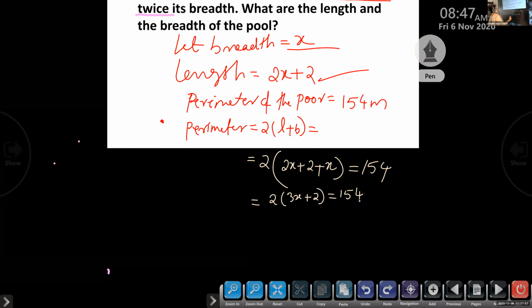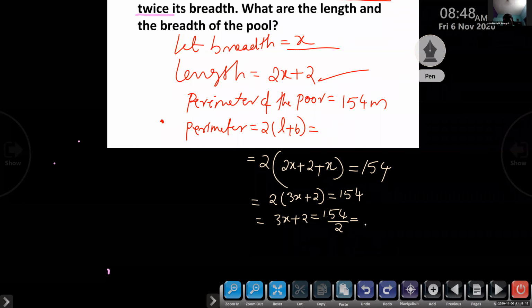So 3x plus 2 is 154 by 2, which is 77. So 3x equal to 77 minus 2, 75.